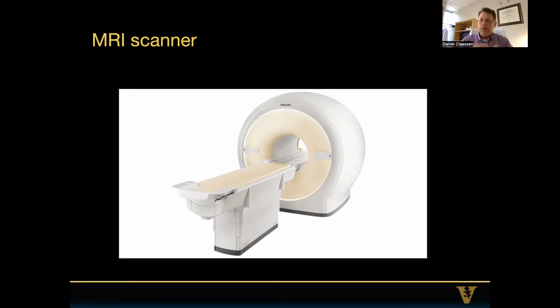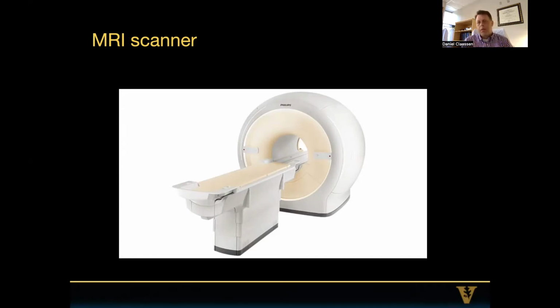And with that higher resolution, you get better pictures of the brain. So they sometimes do 7 Tesla imaging, which is an extremely high power magnet, and some places are even trying higher. But most of the studies that we use, we really focus on 3 Tesla magnets.